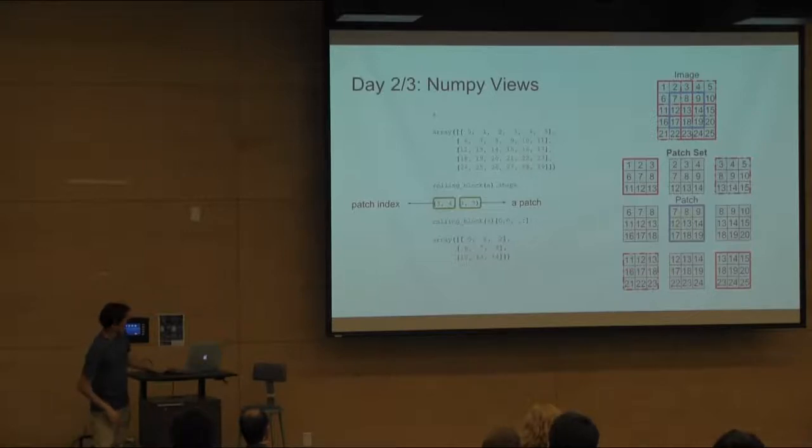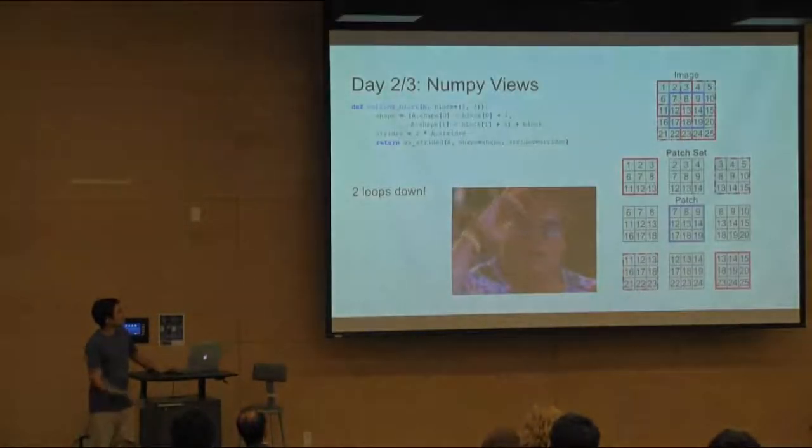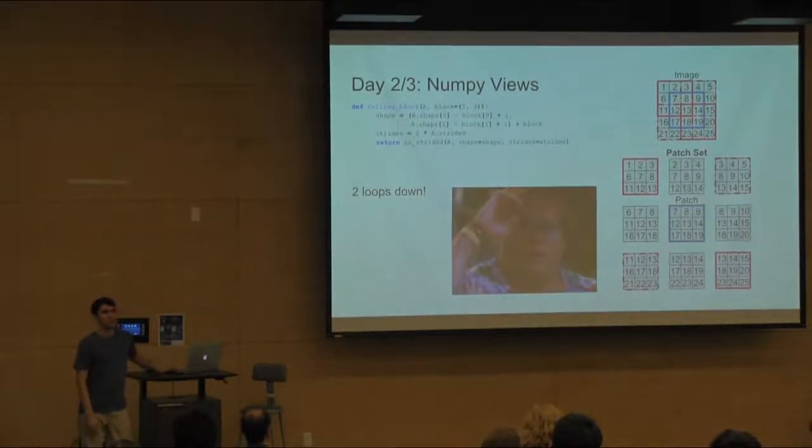So that basically gets rid of 2 for loops, right? And we can now start thinking more abstractly: how can we expand this abstraction to capture or index the set of patches directly.